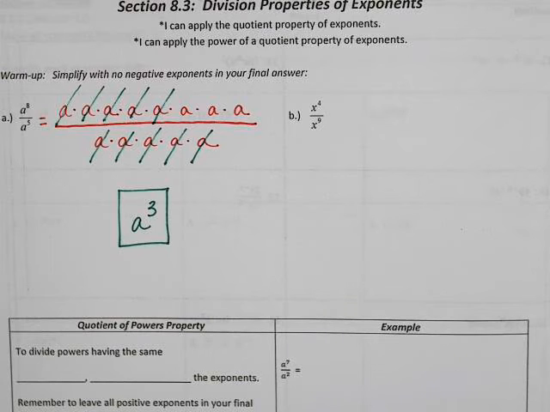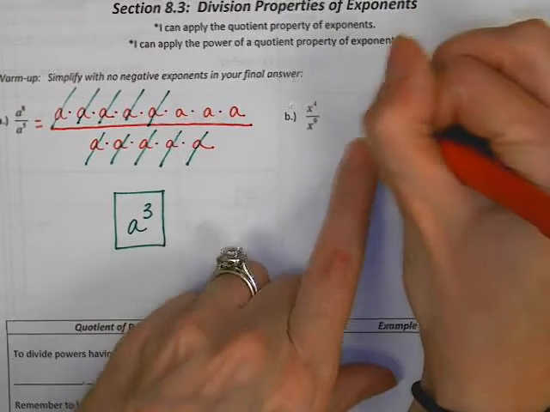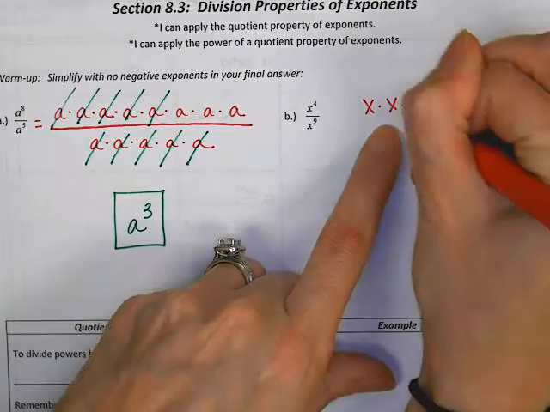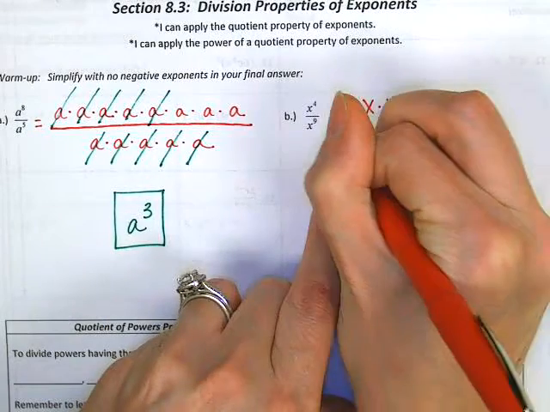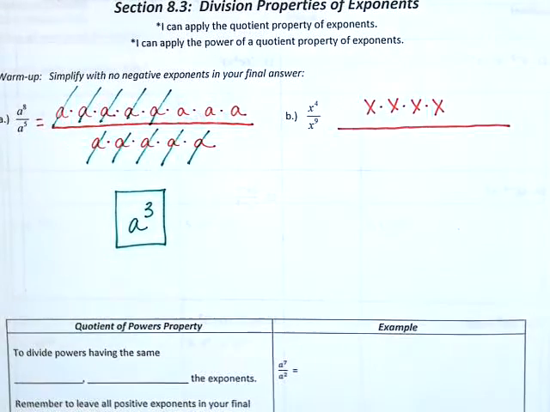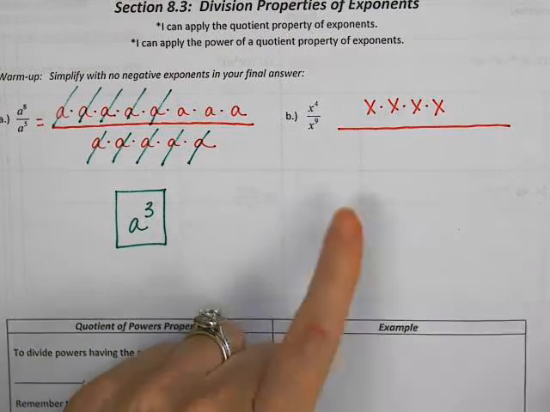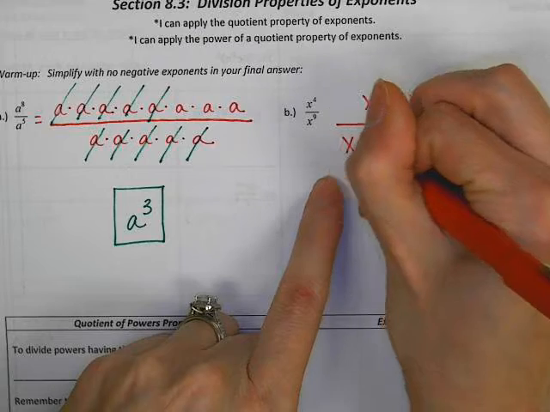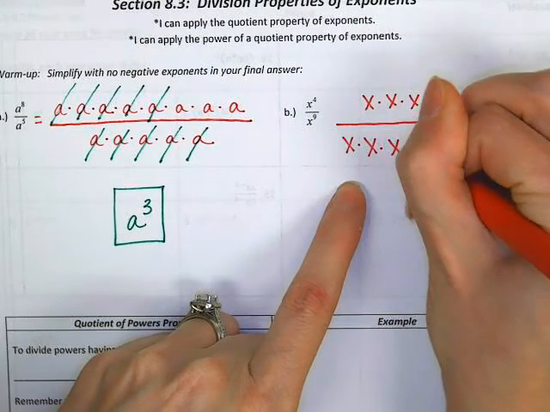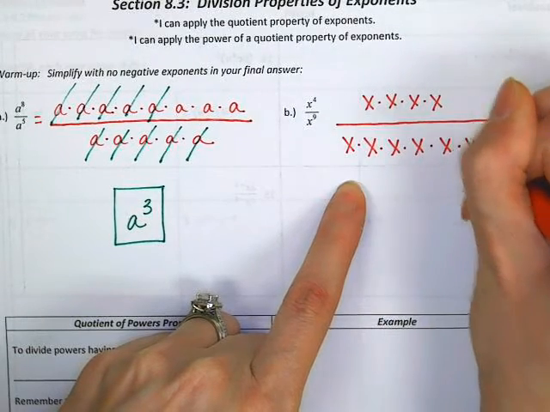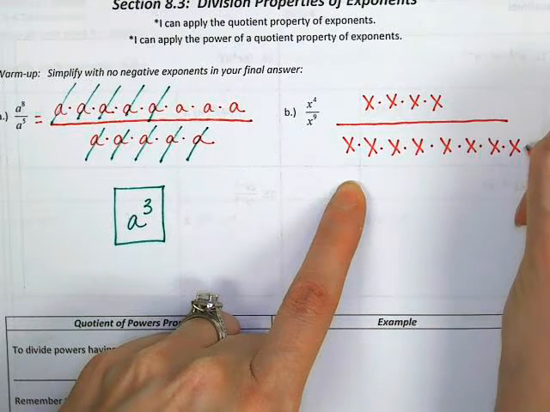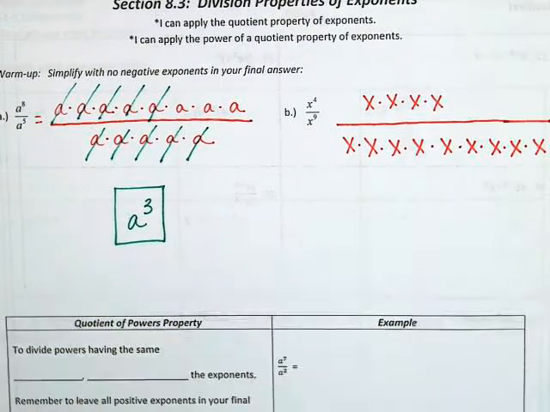All right, let's try B. So x to the 4th means x times x times x times x 4 times. And x to the 9th means x times 9 times. 1, 2, 3, 4, 5, 6, 7, 8, 9 x's.